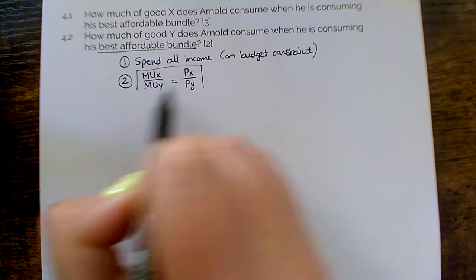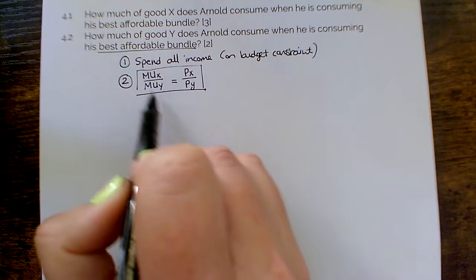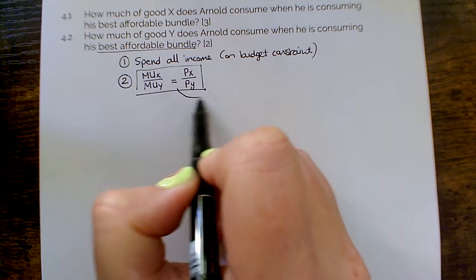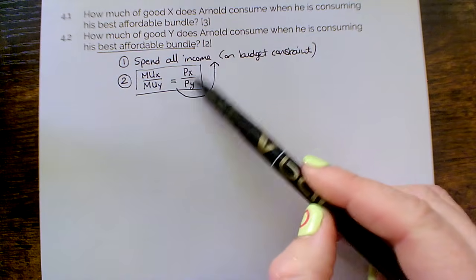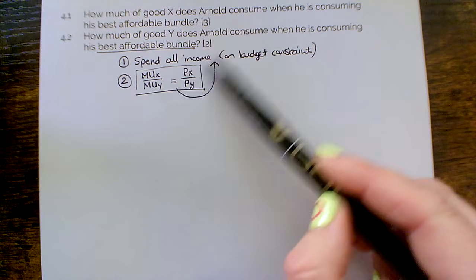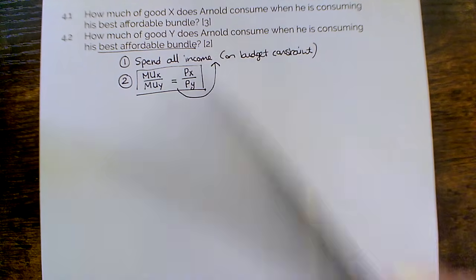I always start off with this, and then I use what I get here to sub into my budget constraint. So I'm using both of these conditions in solving for the best affordable bundle.